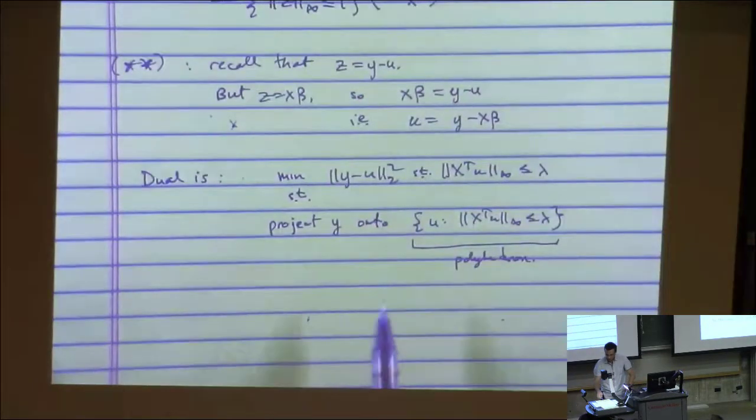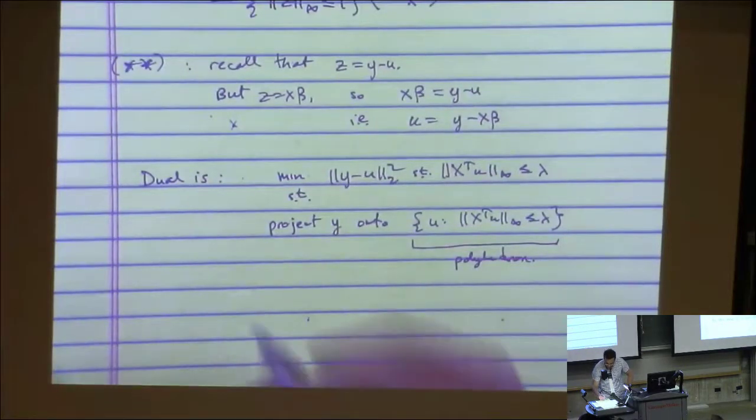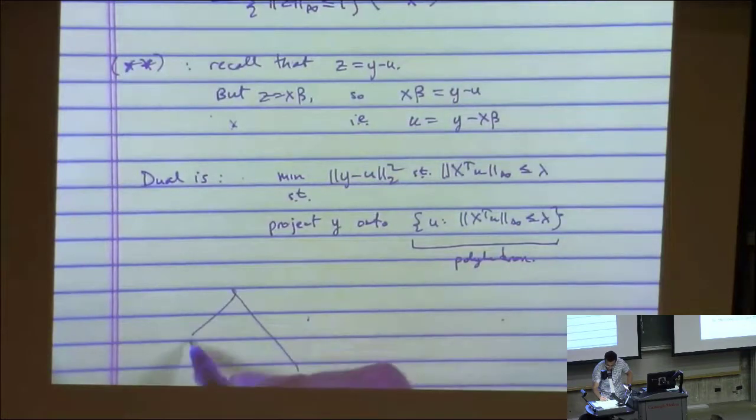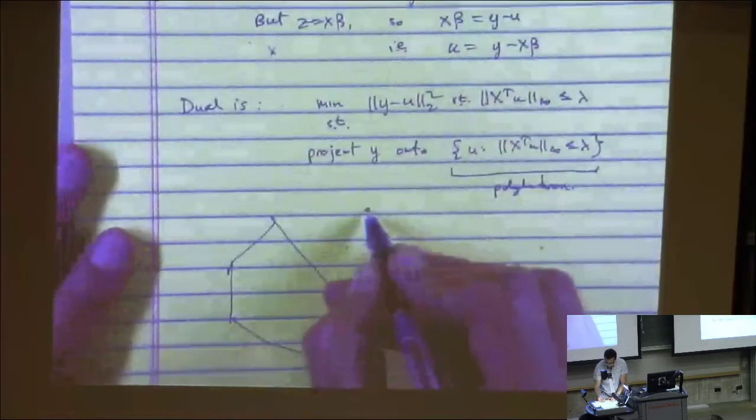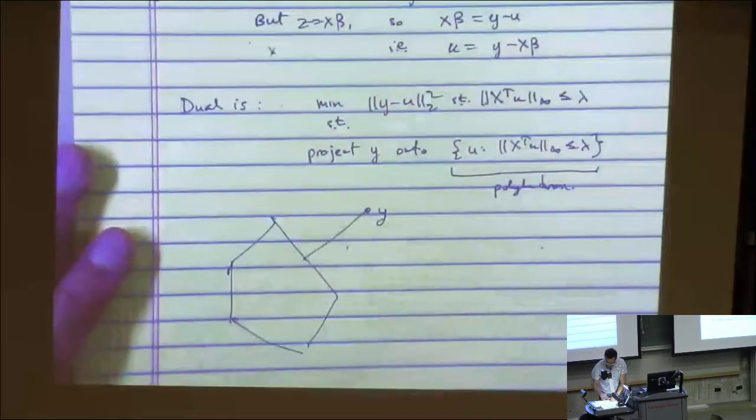One thing we can learn about the lasso in particular is as follows. If I move y around, think about the picture like I have some convex polyhedron like this one, call it C, and I have y, and I'm projecting onto the polyhedron.